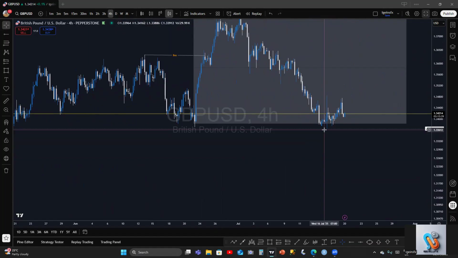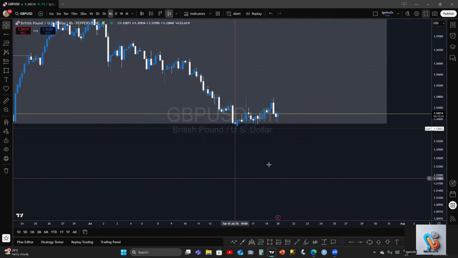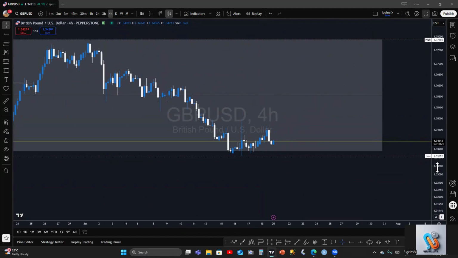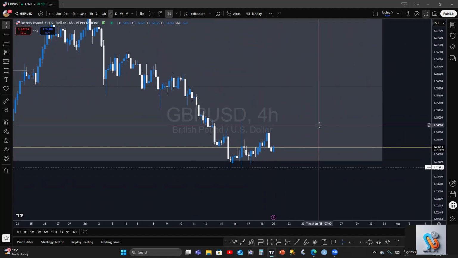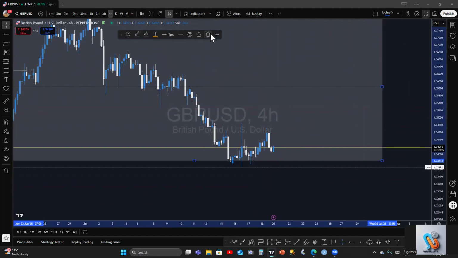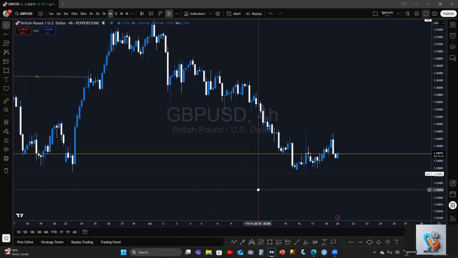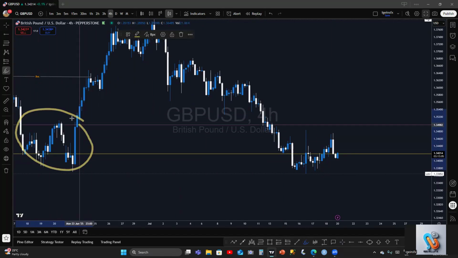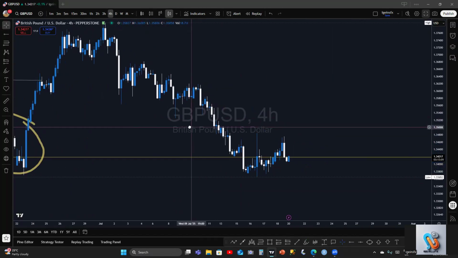So let's watch what price is currently doing here, because that is what matters. This is a pullback to this POI, pullback to this POI here.